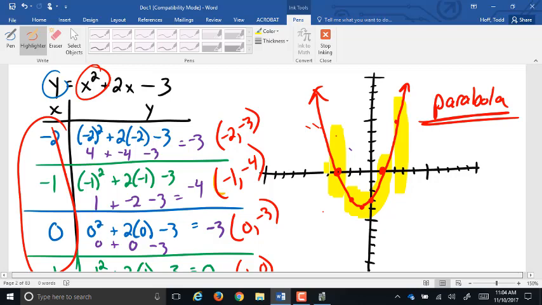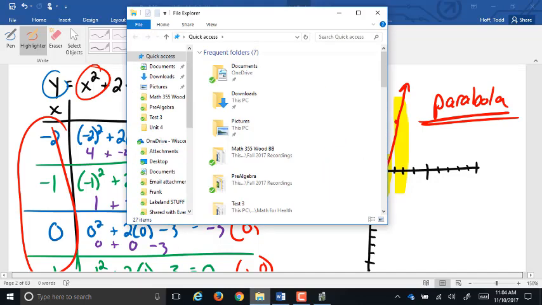Now I posted a worksheet on Blackboard. If you had time, if you got to print it off, that is wonderful. If not, I'm going to put it up here for us quick.